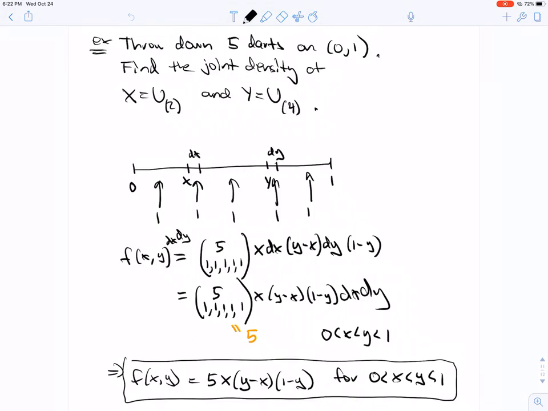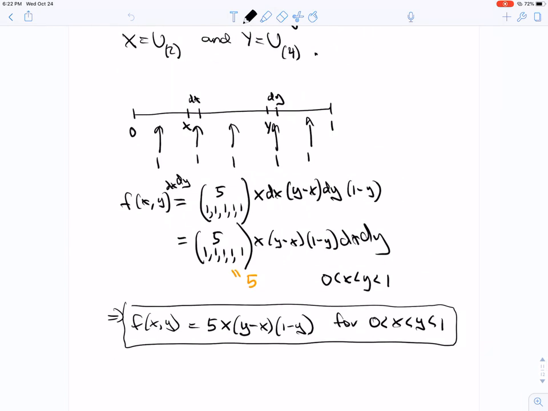It means I have to throw 1 dart before x, 1 dart in dx, 1 dart between x and y, 1 dart in dy, and 1 dart between y and 1. And so my density is then 5 choose 1, 1, 1, 1, 1, times x, times y minus x, times 1 minus y, and that's it. And that's for x less than y, between 0 and 1.